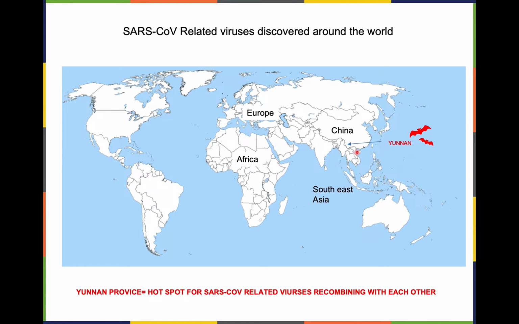Now there are places in the world, like a particular cave in the Yunnan province in China where there's a lot of bats, and there is a whole variety of different coronaviruses that live in these bats in this province.